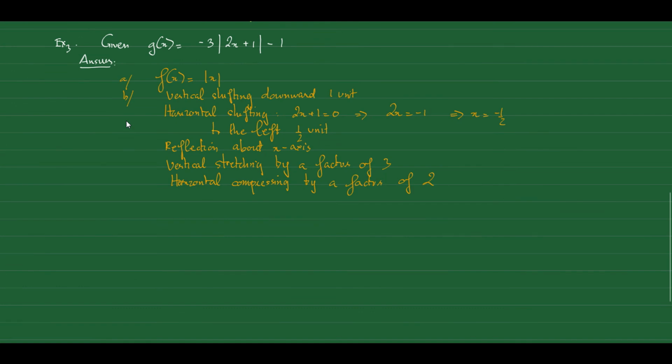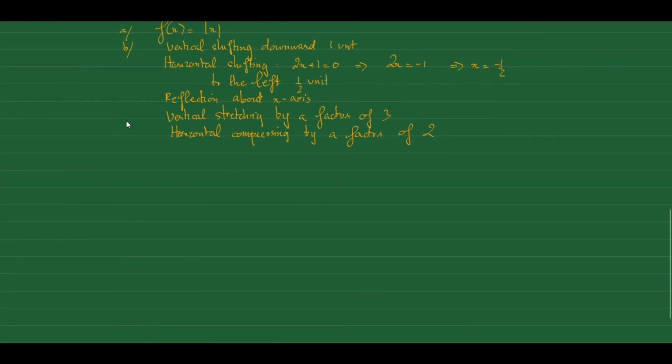That's a very simple example. Now in the next example, I'm going to give you one problem, and I want you to do it yourself as a practice problem. I have something like this: g of x equals negative 1/3 times (x plus 4) minus 1.